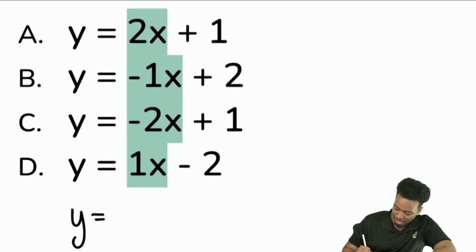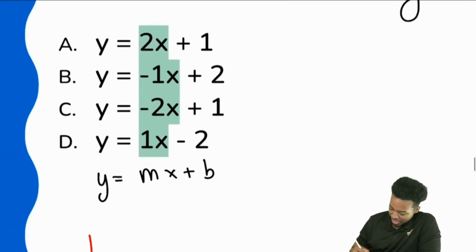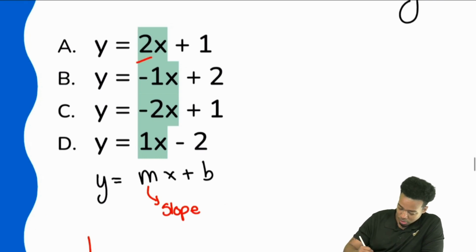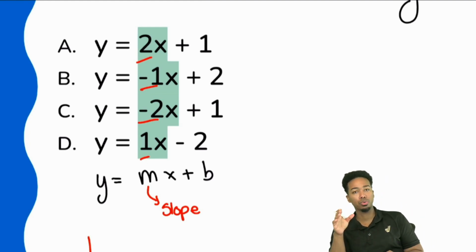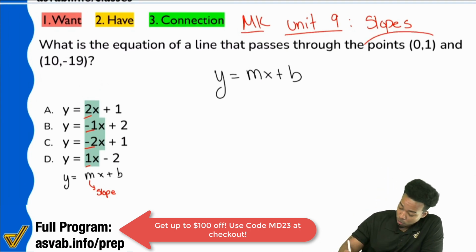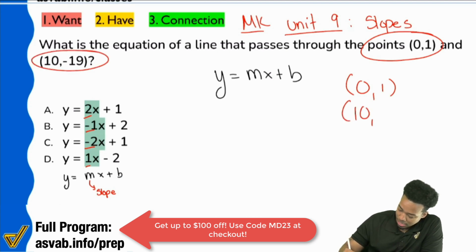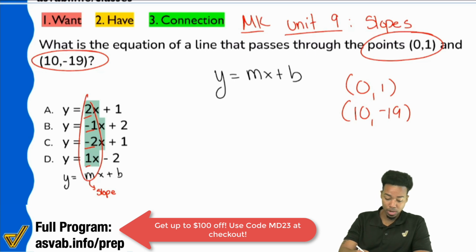So you're going to expect that x to be there, but notice that the m, which is also, again, the slope, all of the slopes are different. So everyone, is it true that if we went ahead and looked at this problem and said, oh, we have this point right here, 0, 1, and this one right there, 10, -19, if we were to go ahead and calculate the slope, whatever the slope is, we match it to the right one, and we're done?